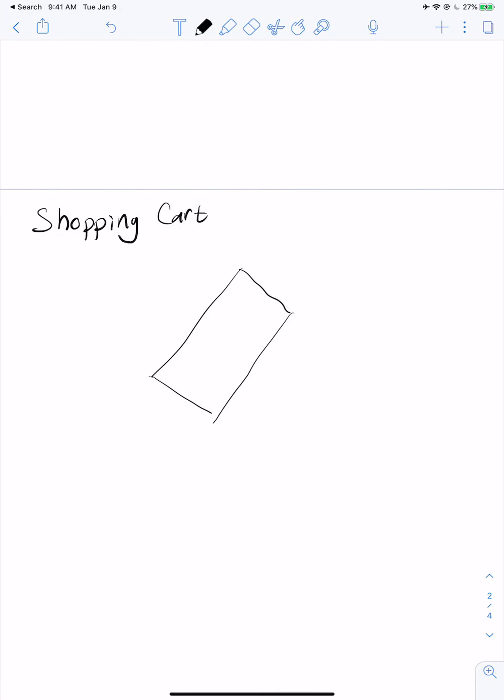Okay, and in the back, we have fixed wheels. So we have a left wheel and a right wheel. And we can say, all right, we have a center point of our Neato, and we have an i hat shopping cart, and we have a j hat shopping cart.